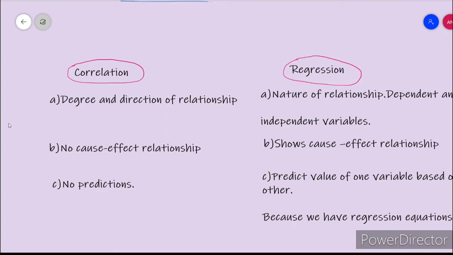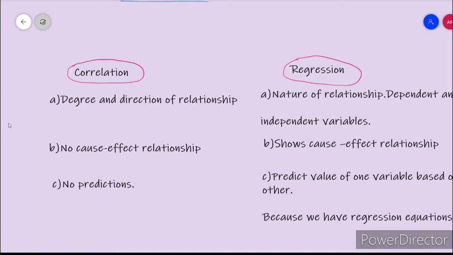In regression, we talk about the nature of a relationship, and here we use the concepts of dependent variable and independent variable. Because of this nature of relationship, when the value of one variable depends upon the value of another variable, we are able to establish a cause-effect relationship.